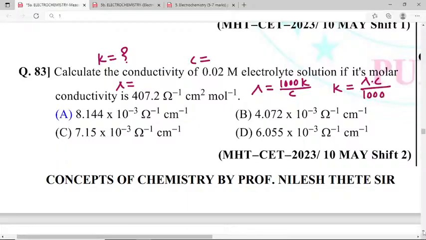We will get the conductivity. Substitute the values, we will get the answer 8.144 × 10 to the power minus 3.